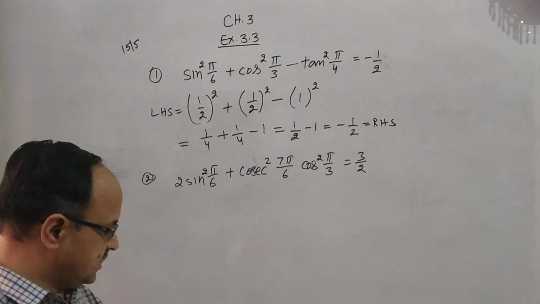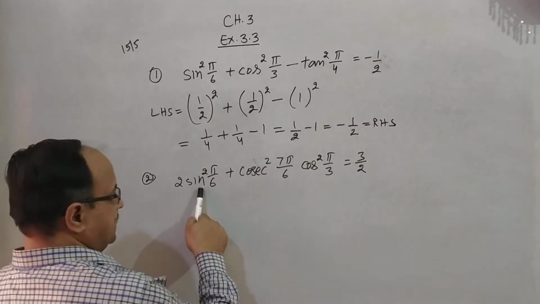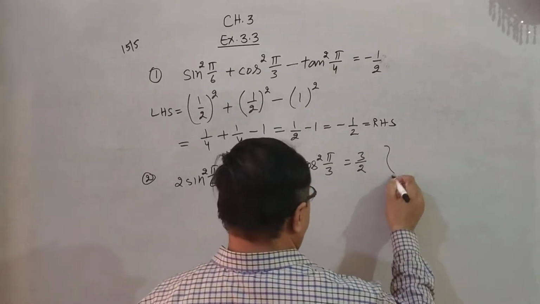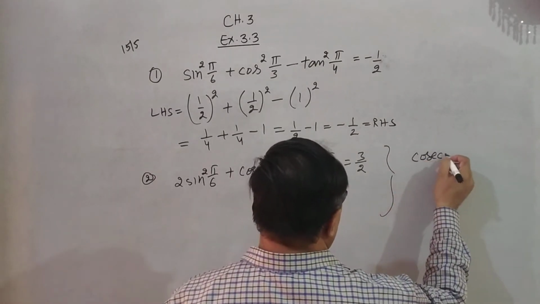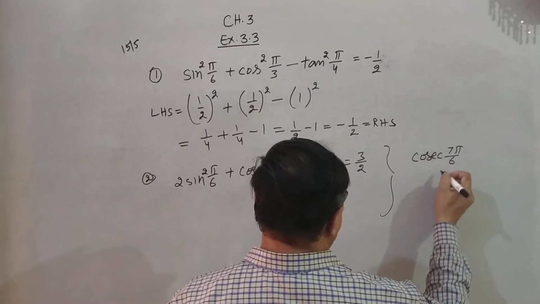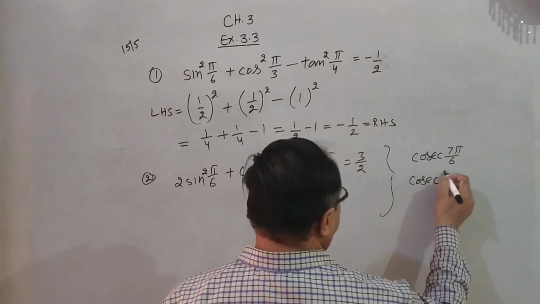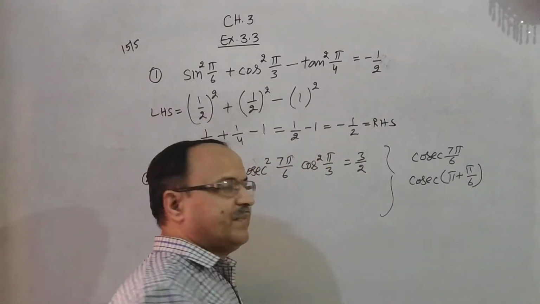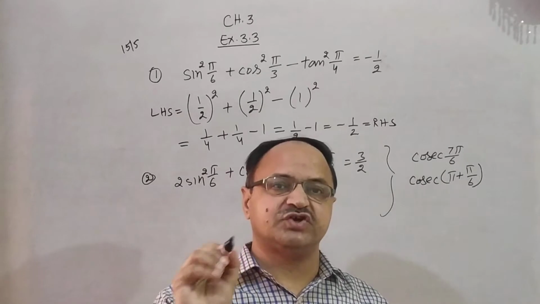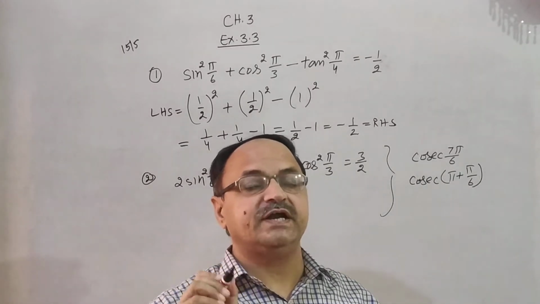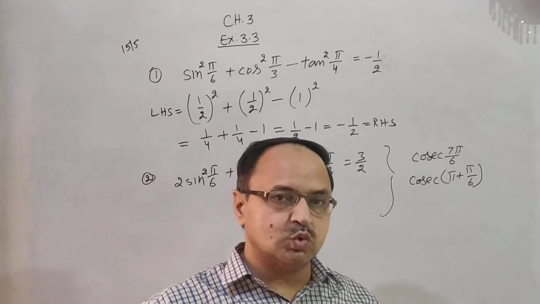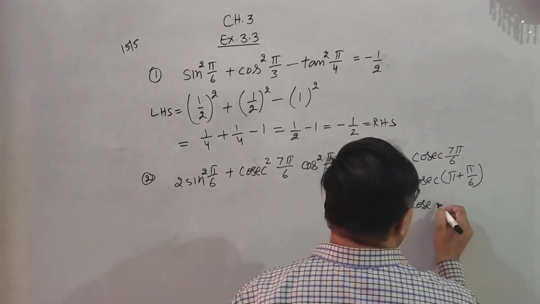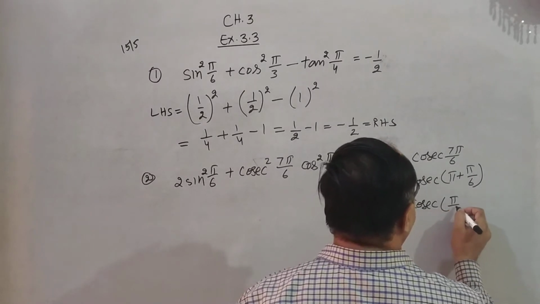Clear? So in this question, sin 30, value of sin 30, cos 60. Firstly solve this part. Cosec 7 pi by 6, you can write pi plus pi by 6. Pi plus theta, 180 plus theta, and cosec 180 plus theta. In the case of 180, there is no change of trigonometric ratio, cosec as it is, cosec pi by 6.